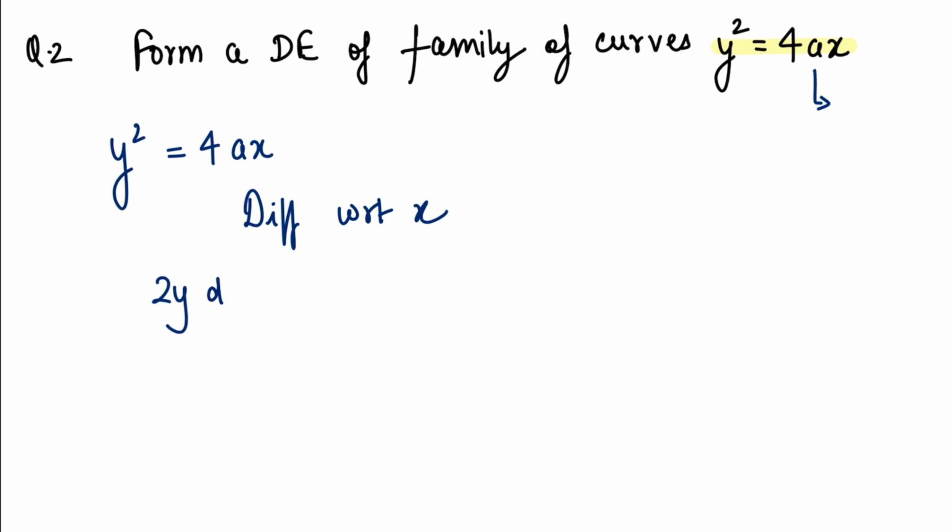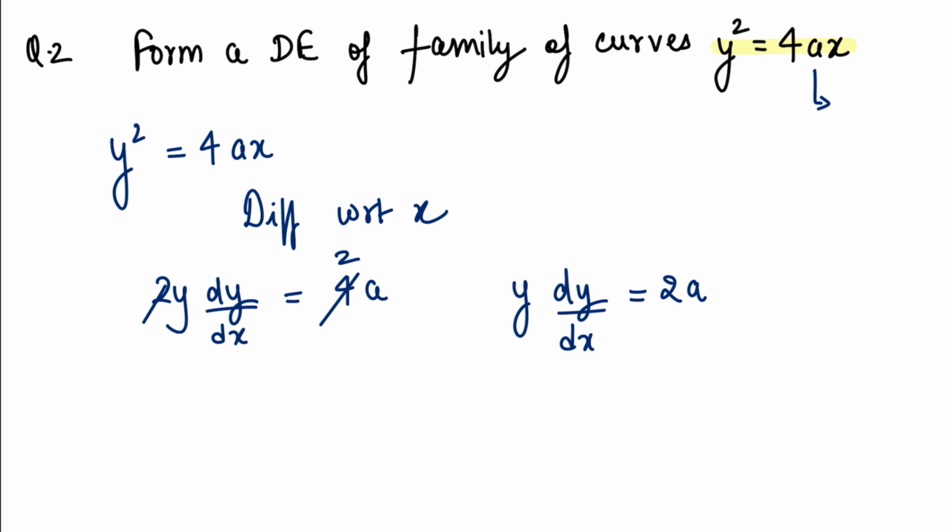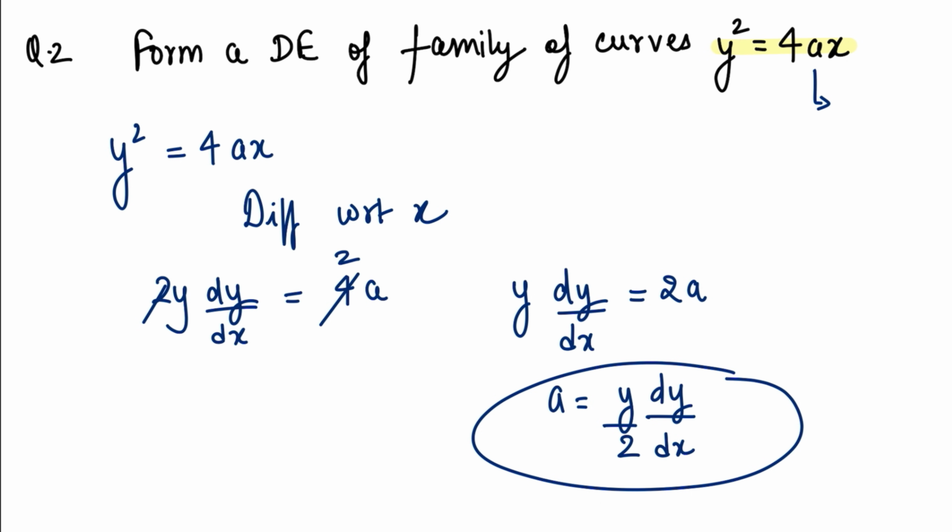2y dy by dx is equal to 4a, right? So 2 and 2 get cancelled. y dy by dx is equal to 2a. Since I want to eliminate this constant a, I can write a is equal to y dy by dx upon 2. Now I put this value in equation 1.